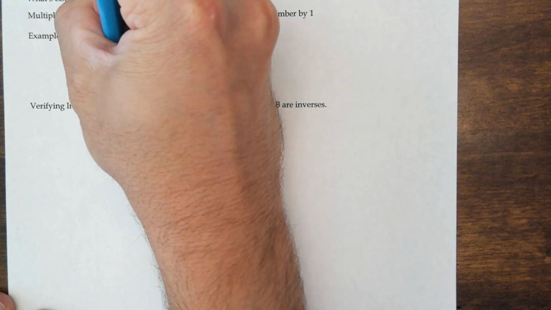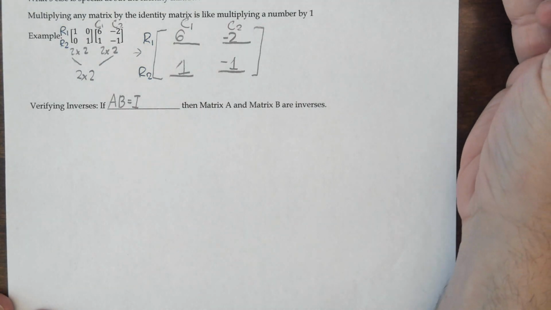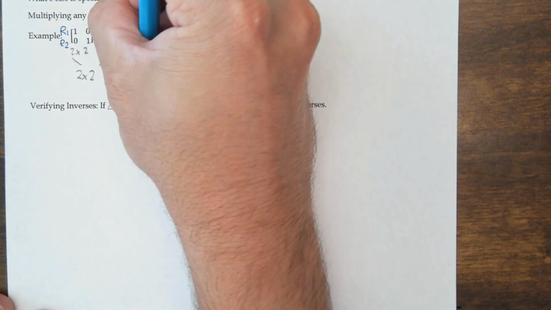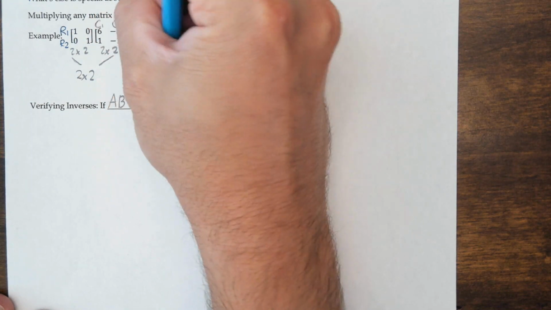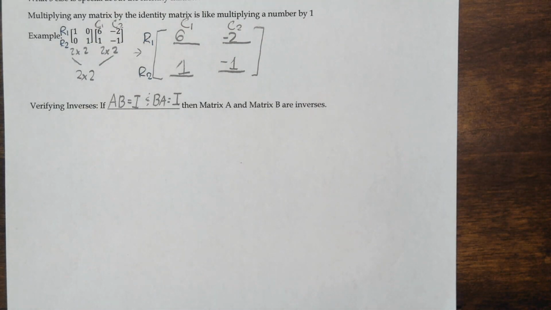If A times B equals I, and whenever you see a big capital I like that, that means identity matrix, and B times A equals I, then the matrices A and B are inverses. Okay? So tonight on the homework, you don't need an example here because we just did multiplication yesterday, okay?